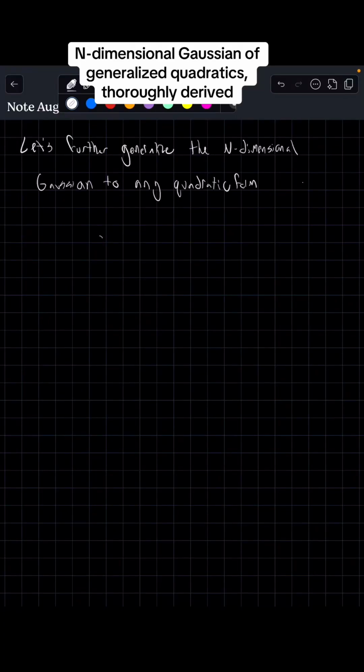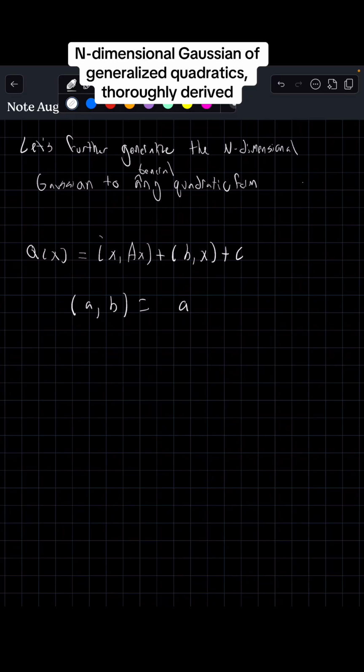Hey gang, so now we will be further generalizing the n-dimensional Gaussian to any quadratic form, to the general quadratic form, where we have q of x equals x transpose Ax plus b transpose x plus c, where x A x equals x transpose A x, the linear algebra operation.